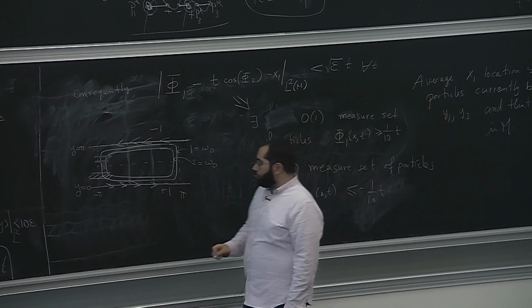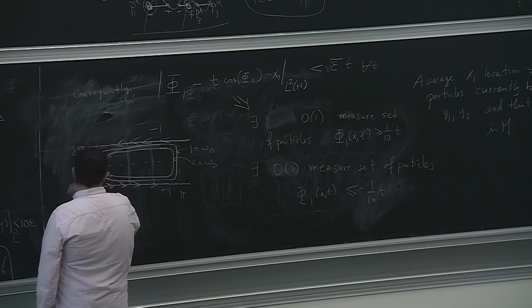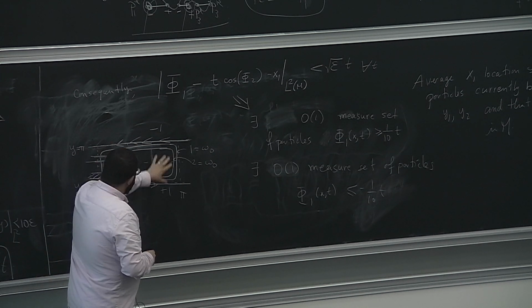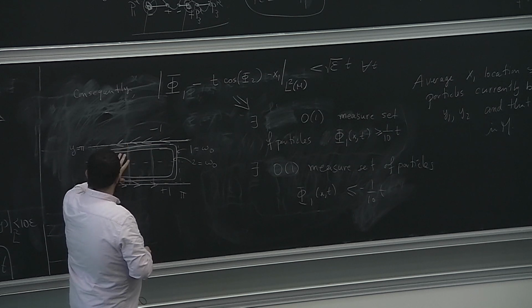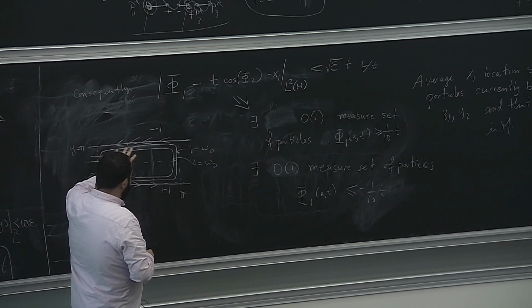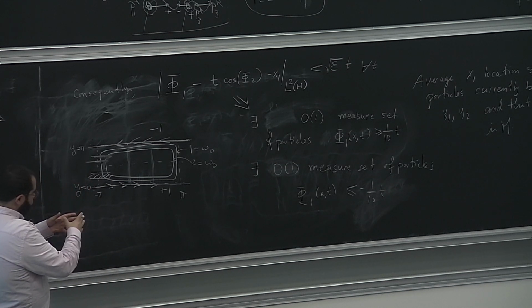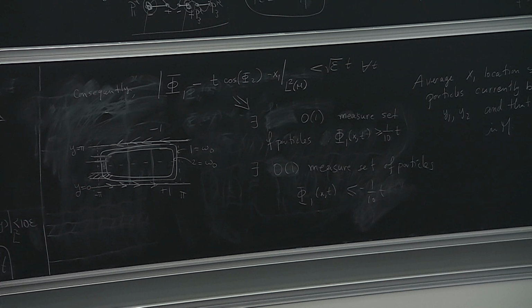And those are coming from up here. They don't know where they're coming from, but there's some fixed order 1 set of particles that go in opposite directions. Does that make sense?